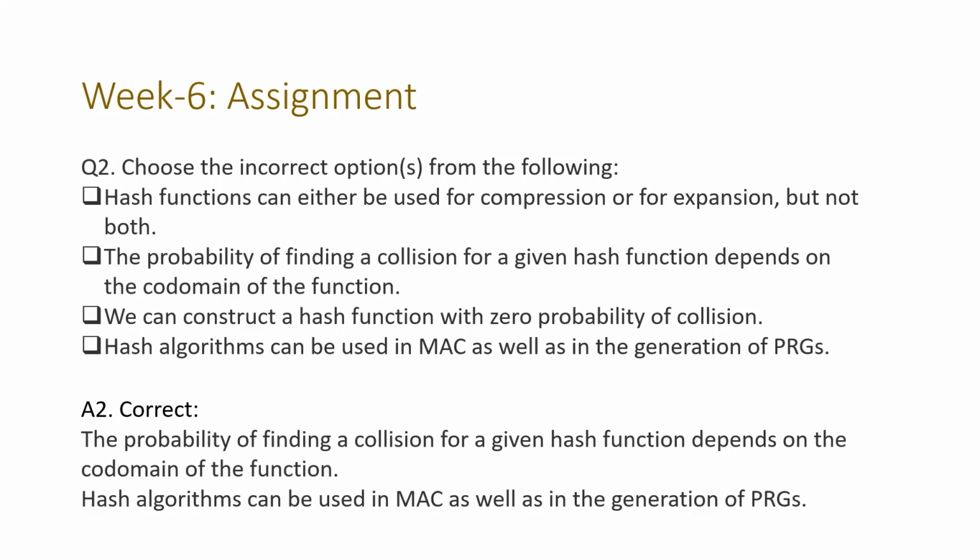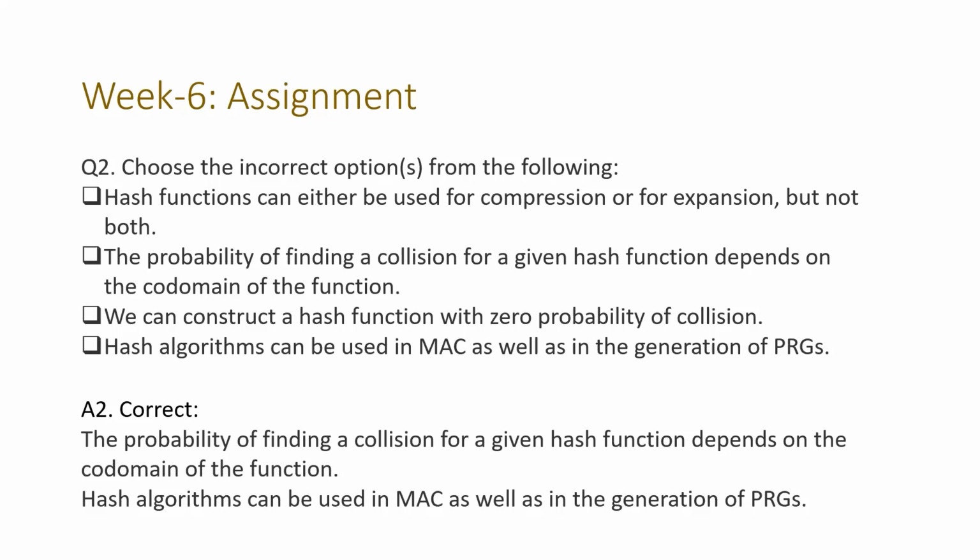If x is not seen beforehand, then for a new x, the output h of x should be uniformly random on the output space, and independent of previous outputs. That is the property of a random function, and using that property, you can think of using a hash function in generation of PRGs.